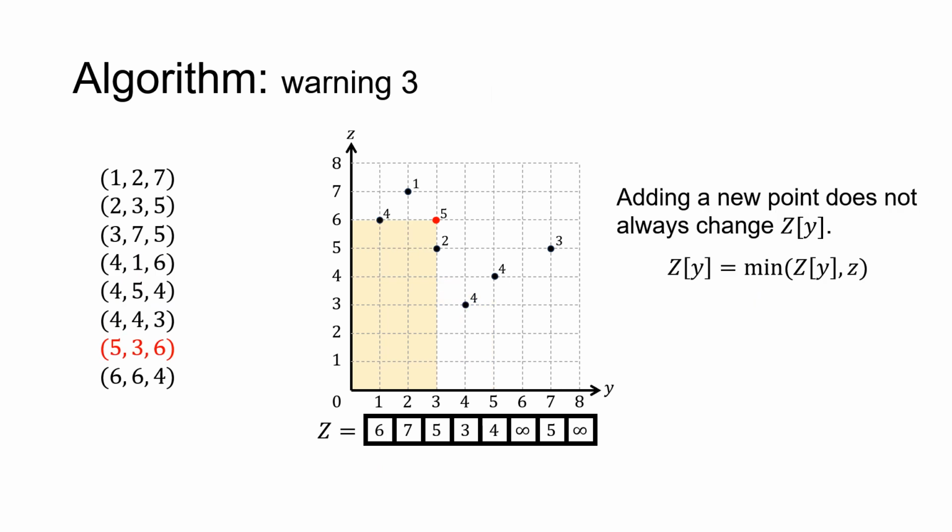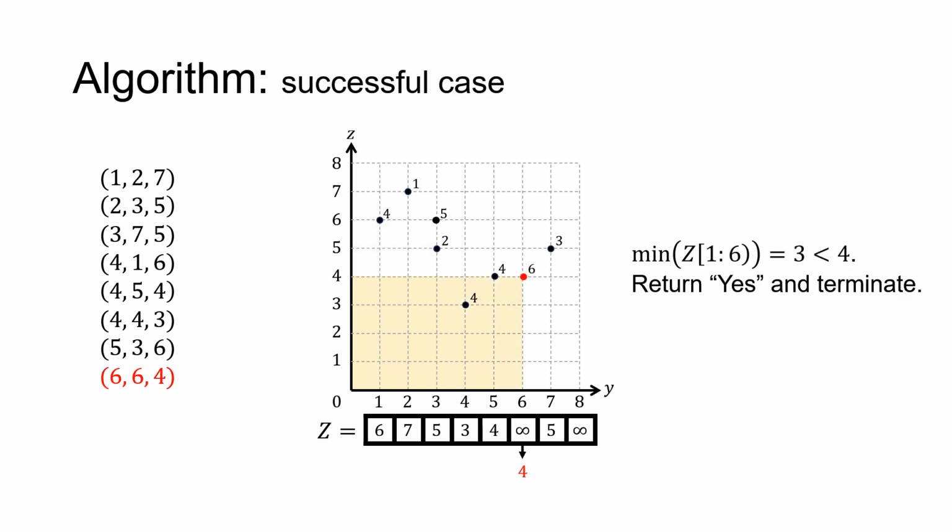We come to the fifth element, S5. The last warning is that when updating z, we don't always change its value. The update formula is defined as shown in the slide. The last element is S6, and this is a successful case for the algorithm.